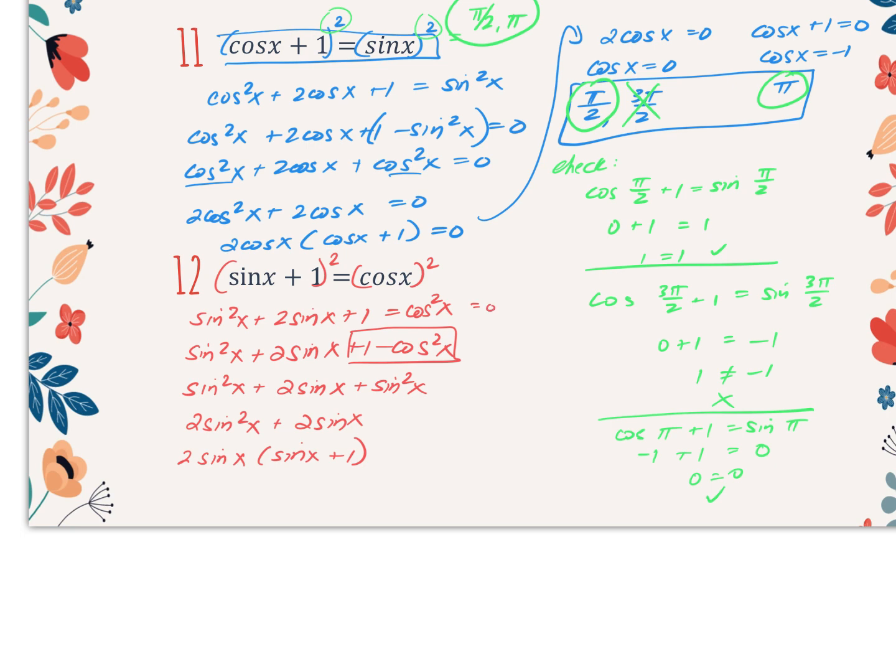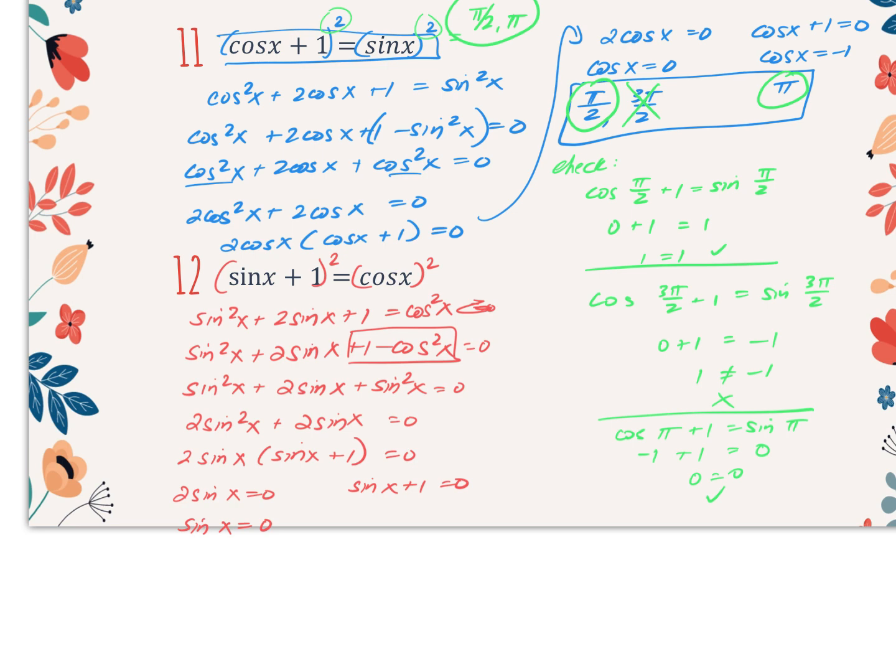Factor out my GCF, 2 sine of x leaves me with sine of x plus 1. Again, starting here when I move it over, it all equals 0. So I set each factor equal to 0. So sine of x plus 1 equals 0. Sine of x equals 0 divided by 2 or 0. So in what quadrants or quadrantal angles have a sine of 0?